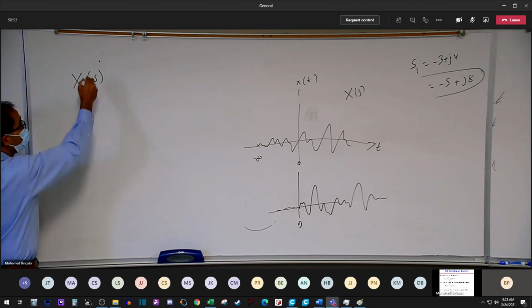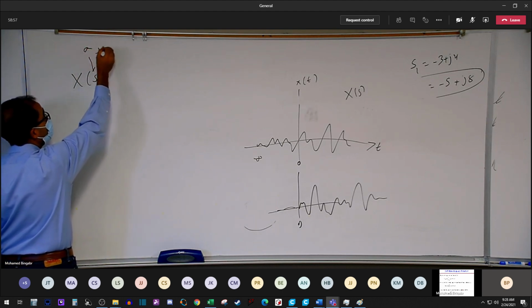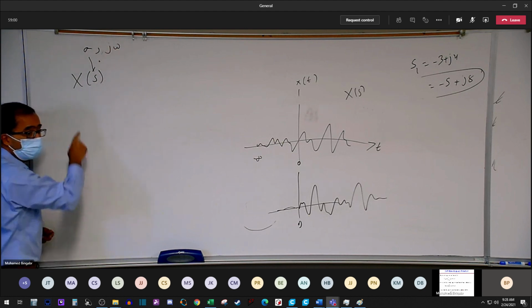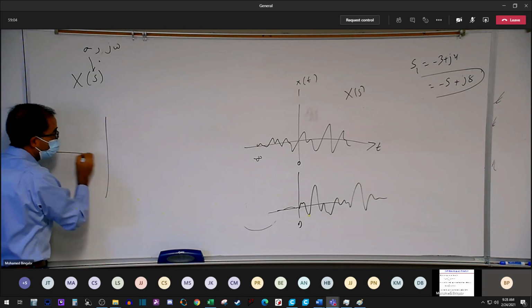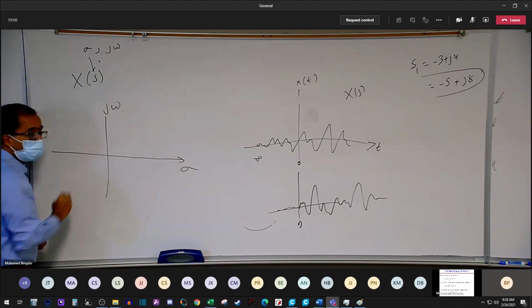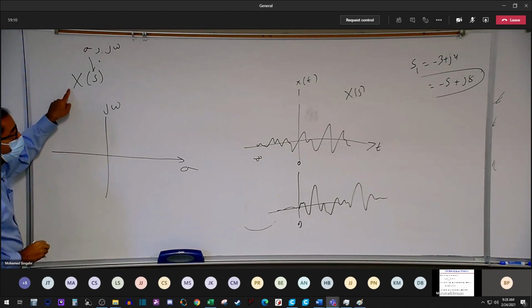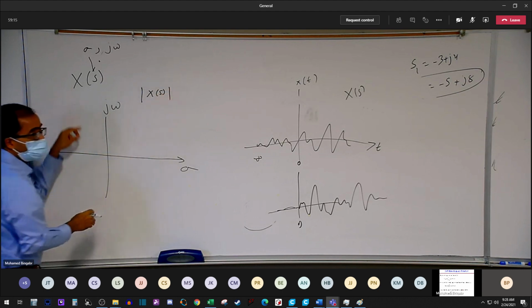Now, s has two parameters, sigma and j omega. So if I plot the magnitude of these, this is sigma, this is j omega. You plot the magnitude, you're going to get a plane.